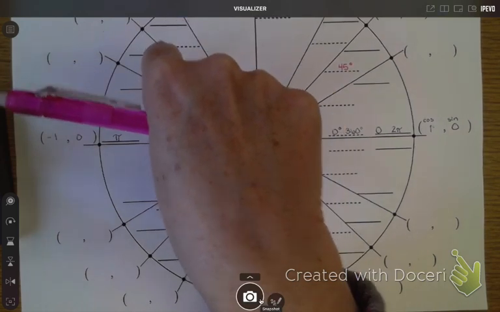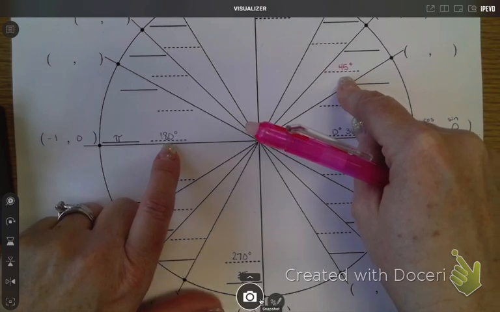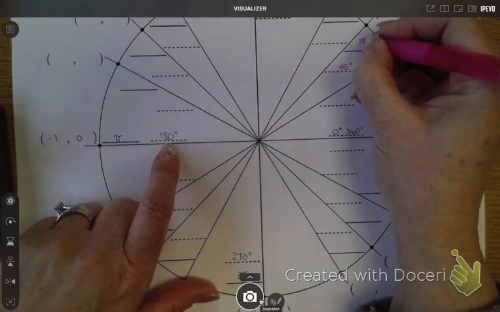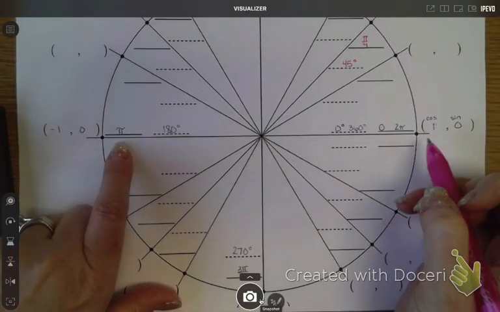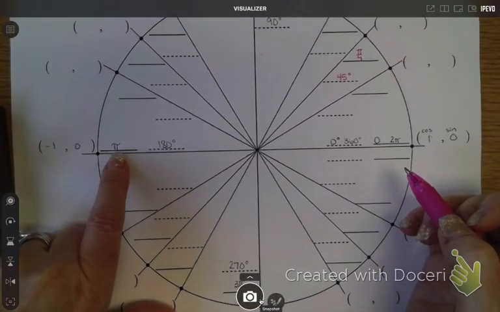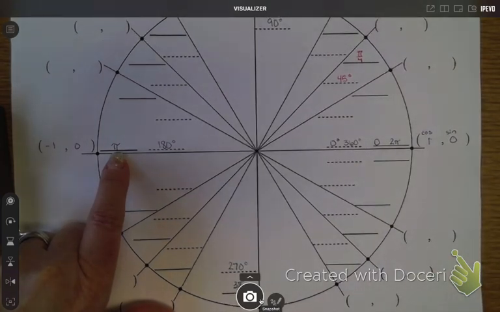So that means 45 has to go into 180 how many times? 4. So radians is pi over 4. I cut pi into how many chunks? 4. I cut 180 into 4 chunks. 180 is pi. You're going to understand how that is.